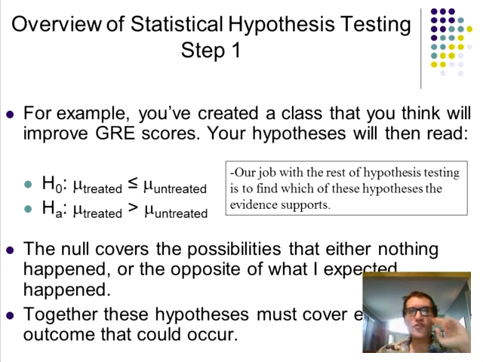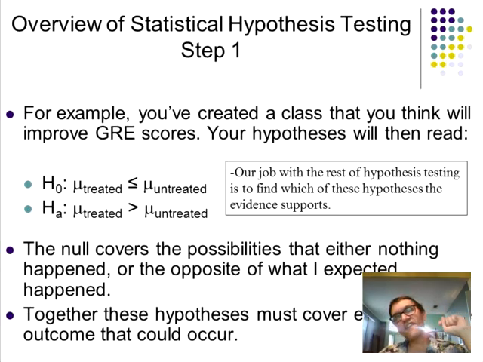The reason is that only if my class improves scores is that important, because I can sell my class, I can make money. If my class does not change scores, I can't sell my class.